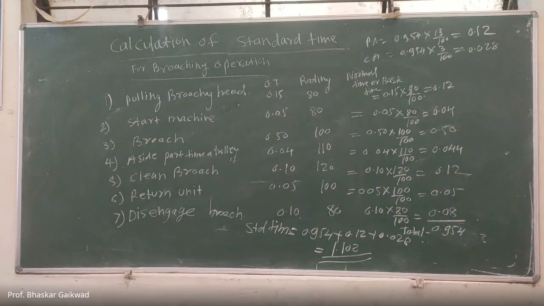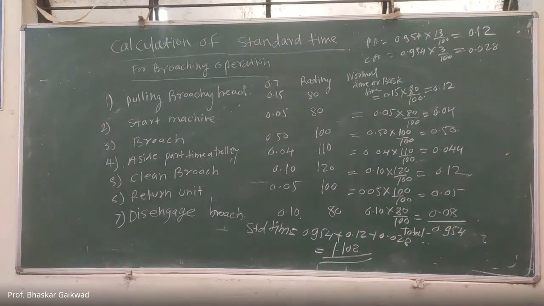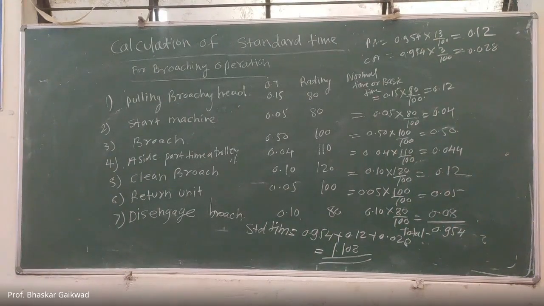If it goes above, there is a problem for the industry. Maybe the delivery date will get late, or sometimes the profit will be less. They will not achieve the break even point, and ultimately there is a loss for that industry. So everywhere there is a need for calculation of the standard time for a given element.